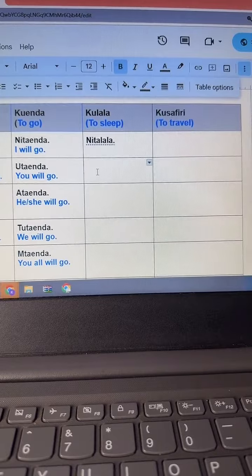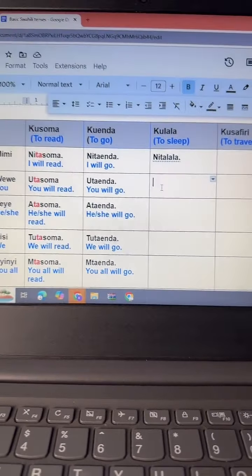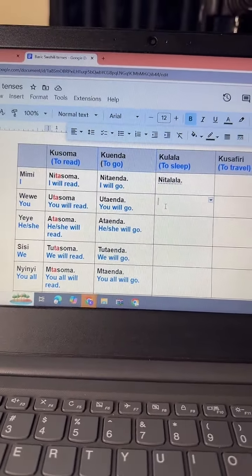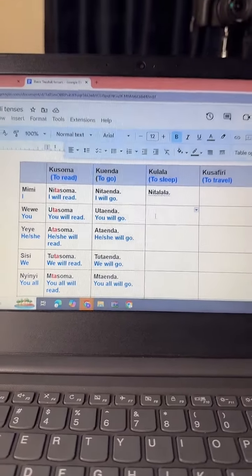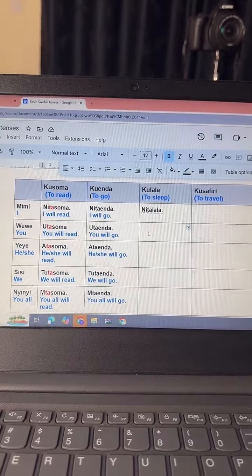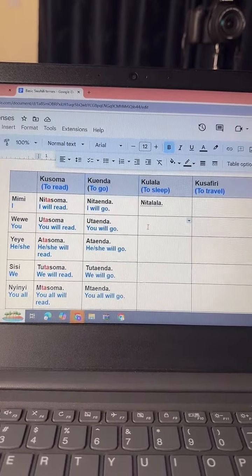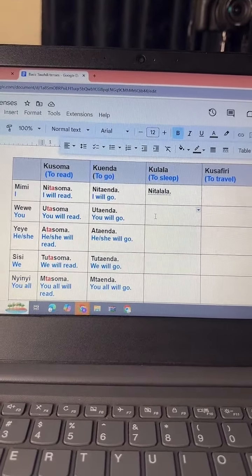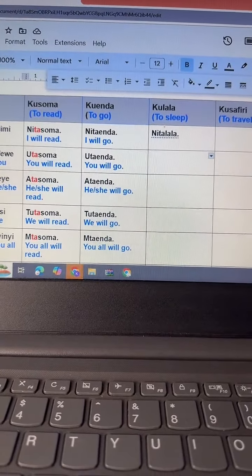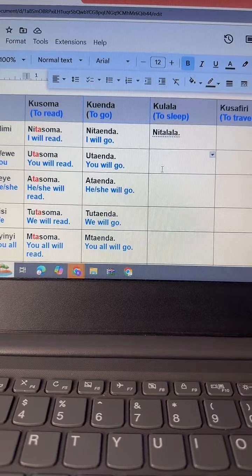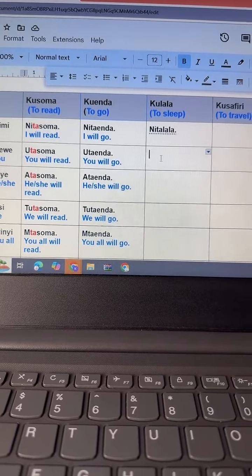The next exercise is wewe. Wewe, how do we say you will sleep? The verb is kulala, and you use wewe.